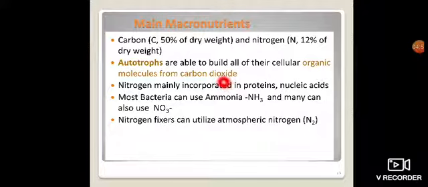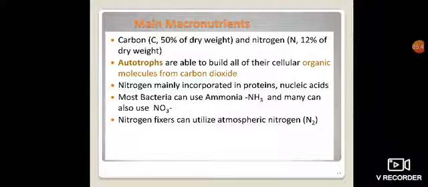So when microorganisms have carbon dioxide, they can develop all their essential organic material from it. Nitrogen is mainly incorporated into protein and nucleic acid, which get utilized for the development of the microorganism. Most bacteria can use ammonia and nitrogen oxide, and nitrogen fixers can utilize atmospheric nitrogen.